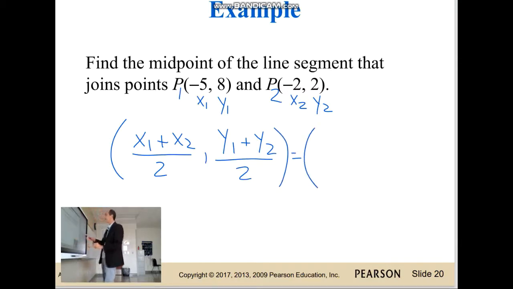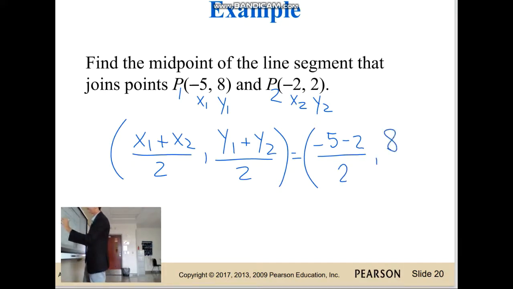Let's plug in the numbers here. x1 is -5, x2 is -2, so -5 plus -2 is -7, right? Over 2. And y1 is 8, y2 is 2, divided by 2.